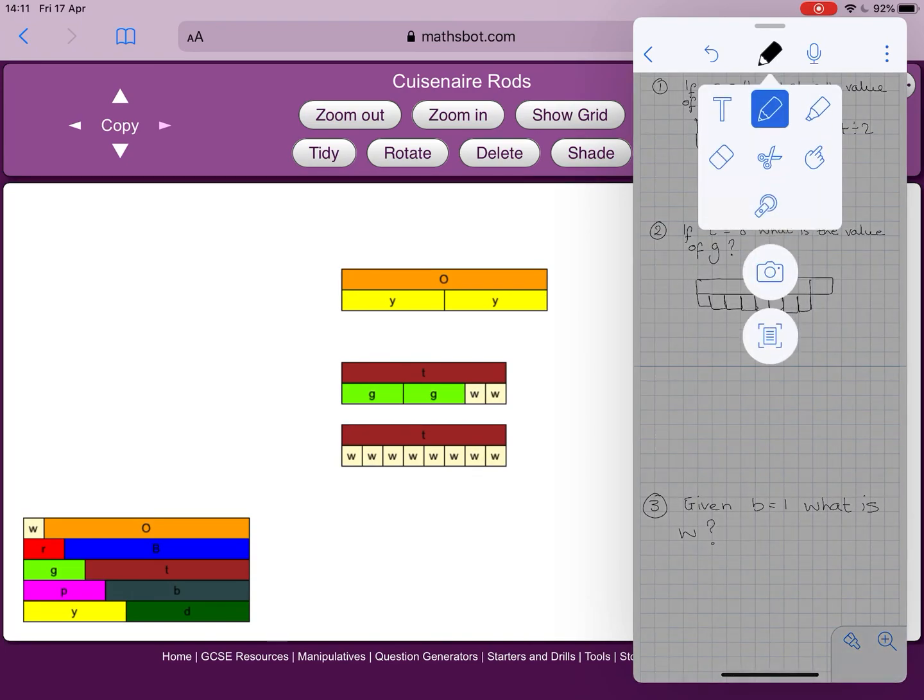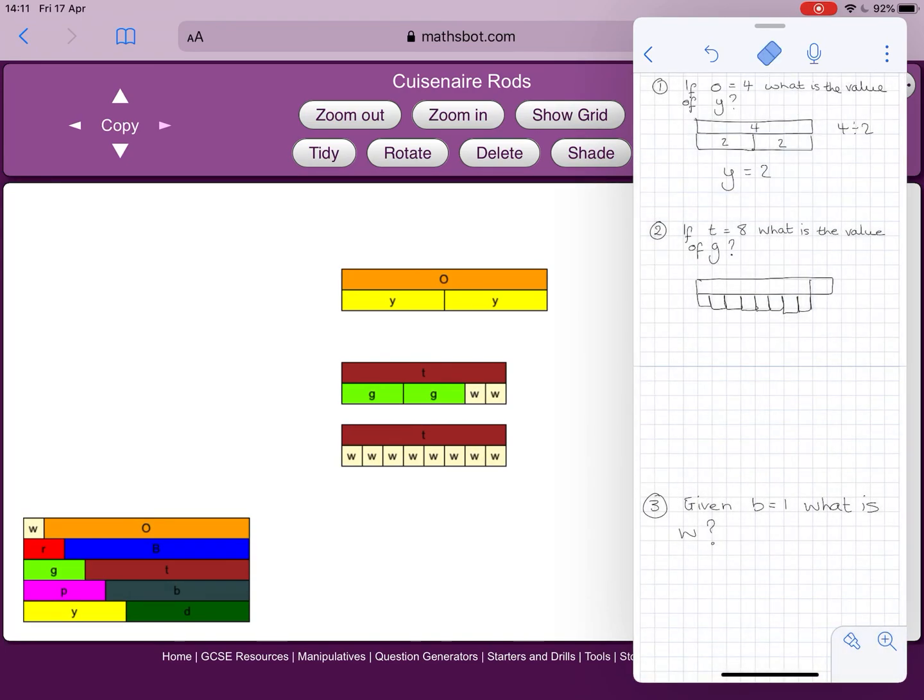I've drawn it a little bit too big, so let's try that again. So 1, 2, 3, 4, 5, 6, 7, 8. And W is 1, 2, 3, 4, 5, 6, 7, 8. So 8 divided by 8 is 1. So W must be 1.